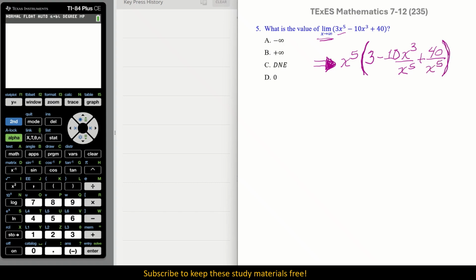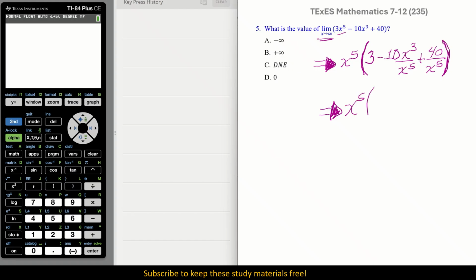So that's how I'm going to look at it as far as factoring out. Same thing as dividing it out. Now let's keep analyzing what really is going to happen. Well, I'm going to clean it up first before I analyze.